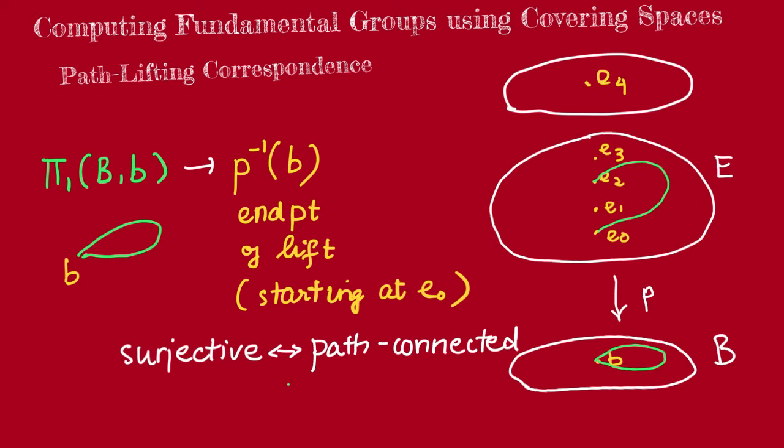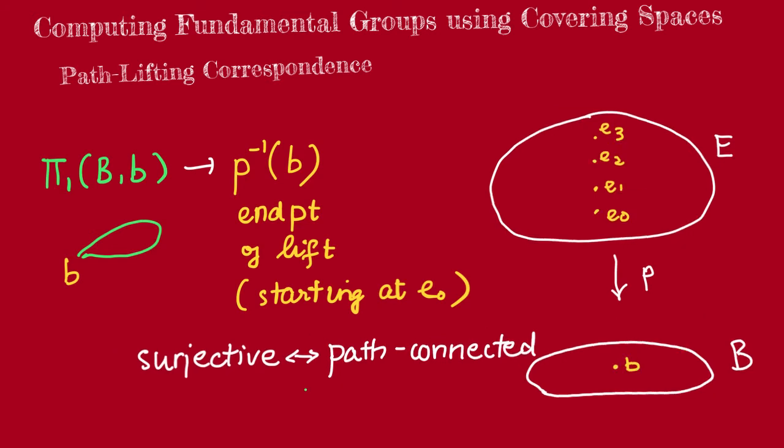And why is that? Okay, so let's say all of these E_i are connected to each other. Let's see why each of them must be in the image, must be the endpoint of some lift. Well, let's look at, say, E3. Because E is path connected, I can draw a path between E0 and E3, starting at E0, ending at E3.